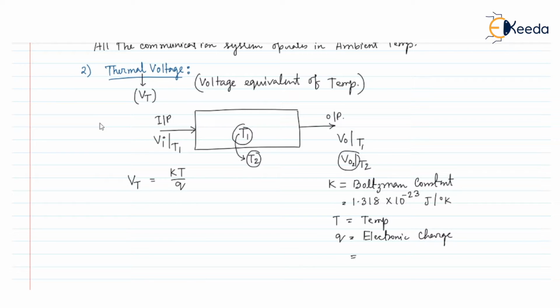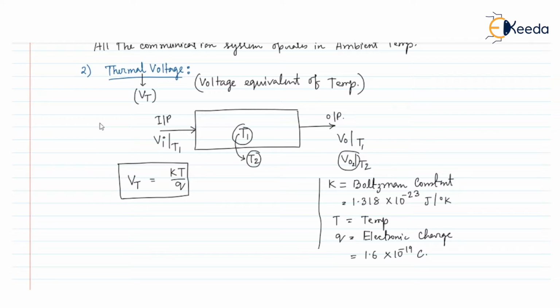The value of the electronic charge is 1.6 into 10 to the power minus 19 coulomb. So these are the variables that are used inside the thermal voltage equation, which is denoted by the term V suffix T.